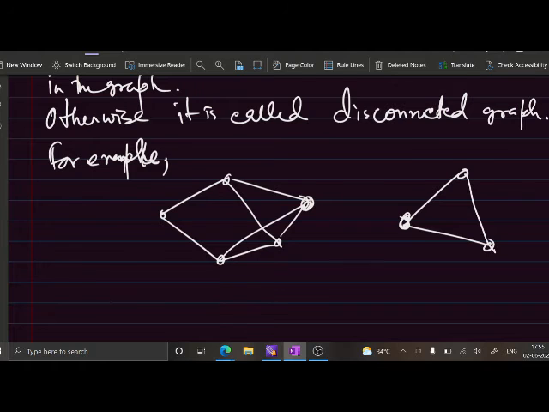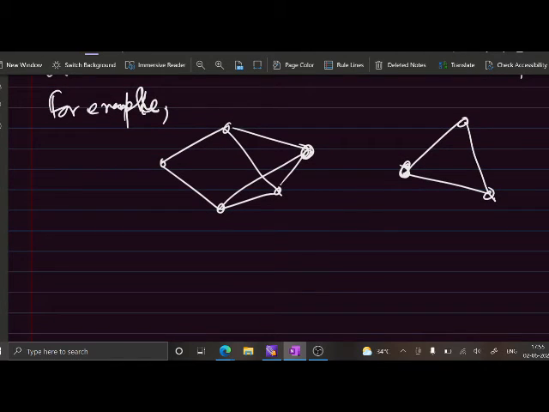Okay, so if you take any two, three, or four connected graphs together, they will give you a disconnected graph, and the connected subgraphs of that original graph will be called connected components.